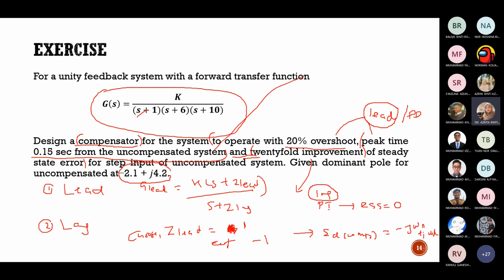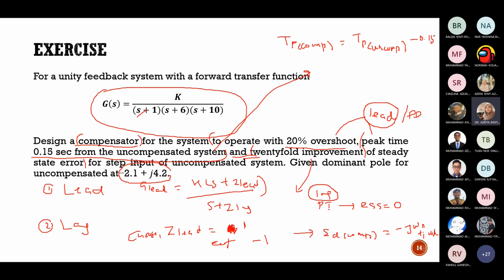So when we put it into a mathematical equation, the value of TP that we want to design, our desired TP or TP compensated, is equal to TP uncompensated minus 0.15.